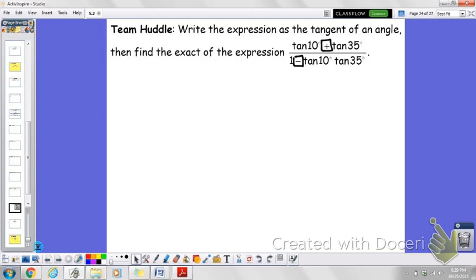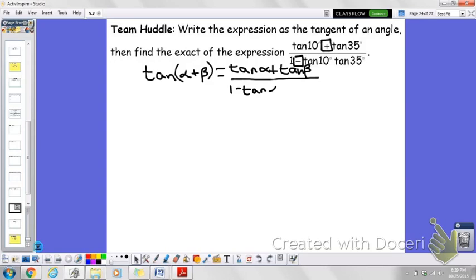That means we will have to use the tangent sum formula: the tangent of alpha plus beta is equal to the tangent of alpha plus the tangent of beta over 1 minus tangent of alpha times the tangent of beta.